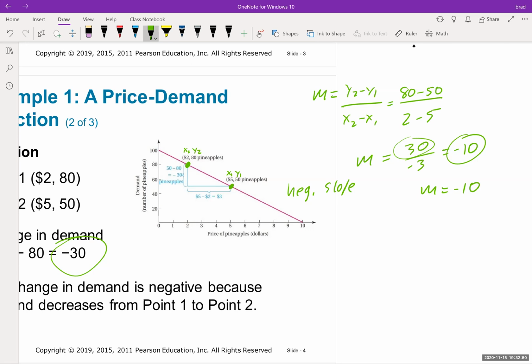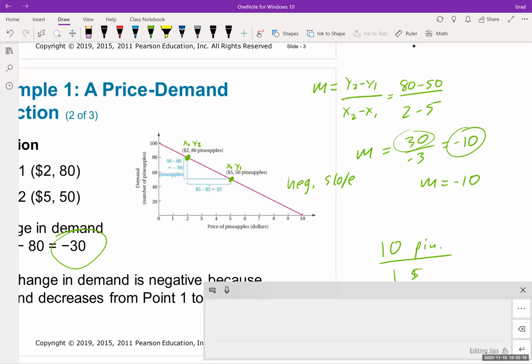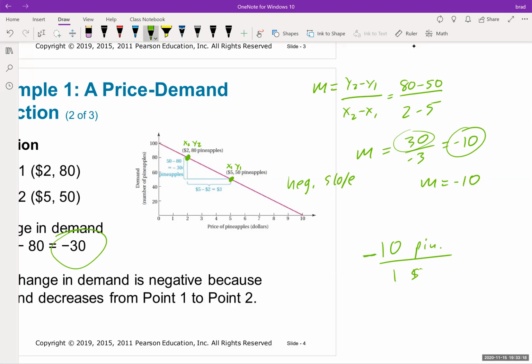So that means that for every, remember the change in y's, so as the price goes up $1, we lose 10 pineapples on an average day that we're able to sell.